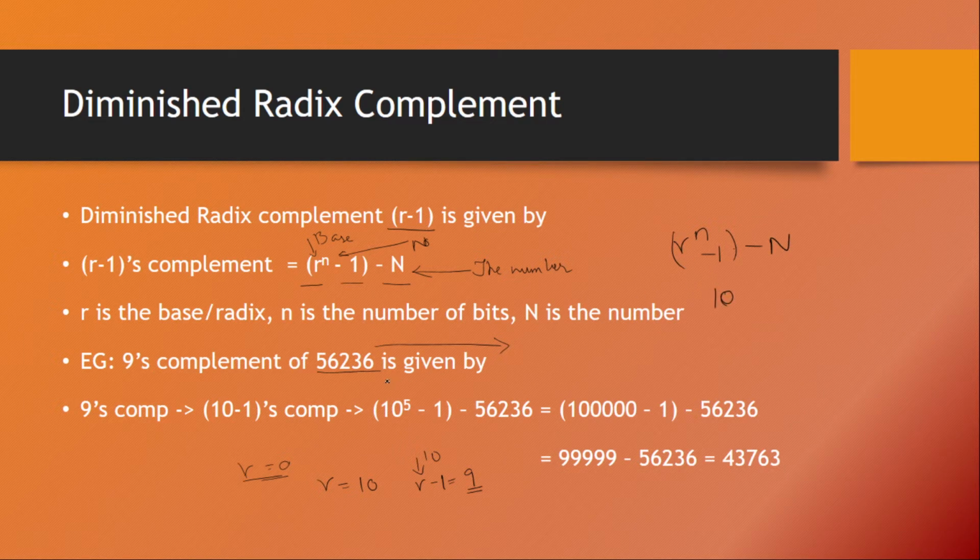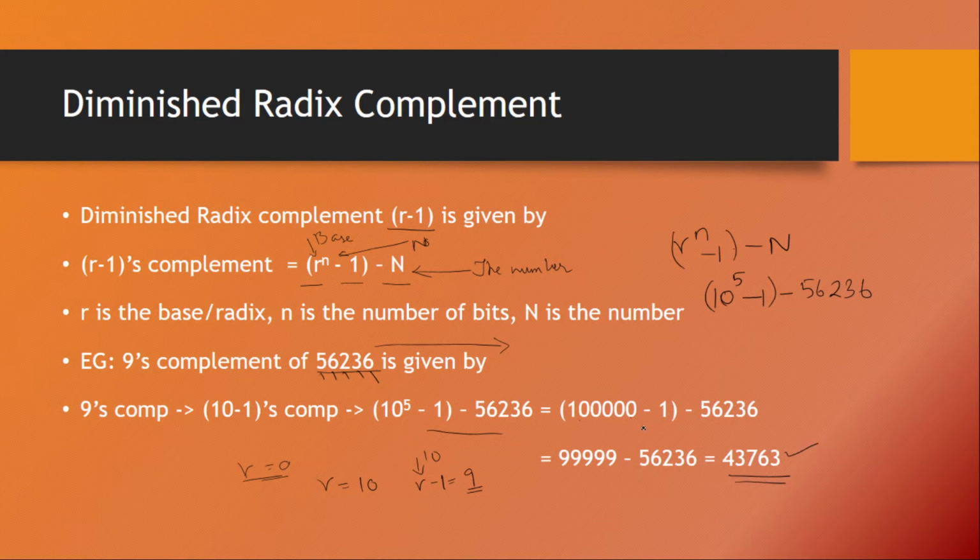Small n represents the number of bits inside the number for which we have to find the complement, and according to our example, we have 1, 2, 3, 4, 5 bits. So this is 10 power 5 minus 1 minus N, where N represents the whole number, that is 56236. So 10 power 5 minus 1 minus 56236 gives me 10 followed by 5 zeros minus 1 minus 56236, and ultimately you will be getting five 9's minus 56236, and 43763 is the final answer.